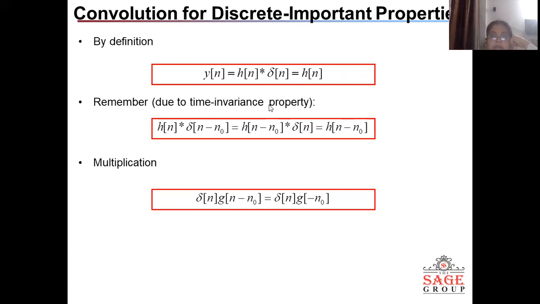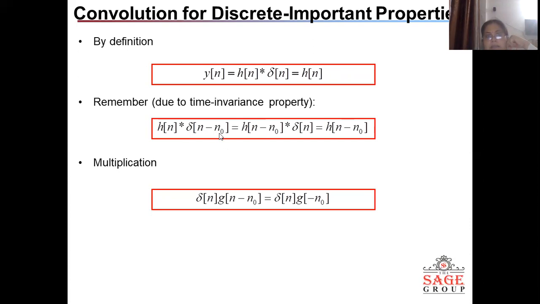Remember, due to the time invariance property, now h[n] is convolved with the impulse which is shifted, delta[n - n0]. So it will result in h[n - n0], because the multiplication between the two signals, that is the impulse with the pulse function, is now shifted to n0.